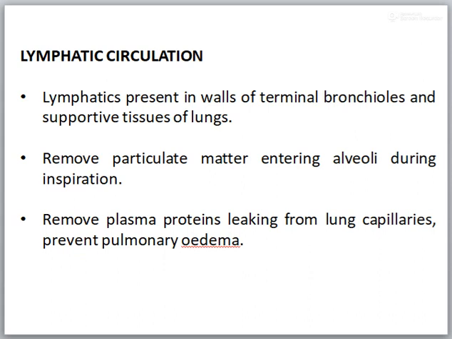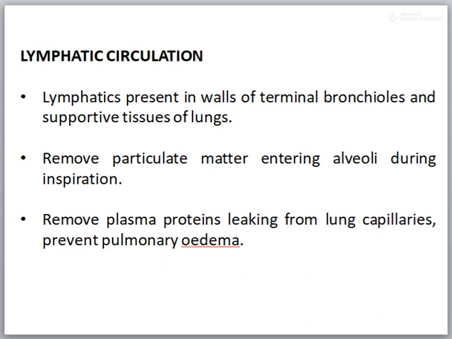Third is the lymphatic circulation, as the lung is richly supplied by lymphatics. Lymphatics are present in the wall of the terminal bronchiole and all the supportive tissue of the lung.